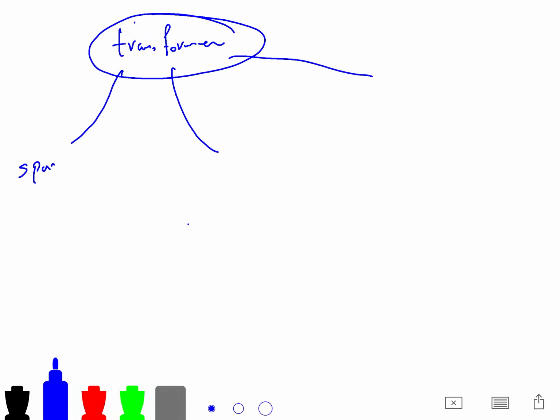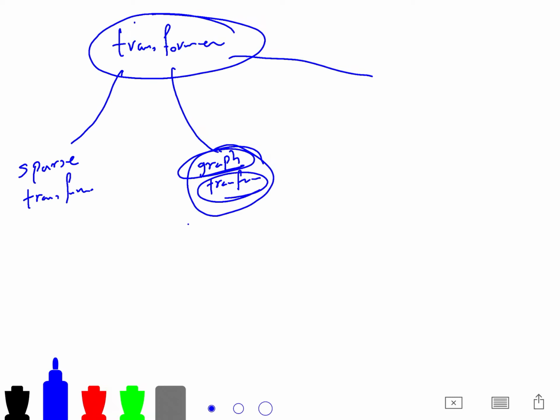And some people wrote an article called Sparse Transformer. We have graph attention, but there are lots of different graph transformers, and each of them means a different thing. Some of them are related to the idea of GraphSAGE, something like that. So each person has a different meaning when they combine graph with the idea of transformer.